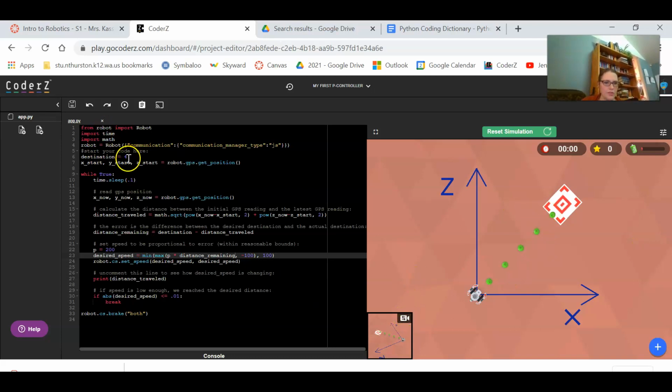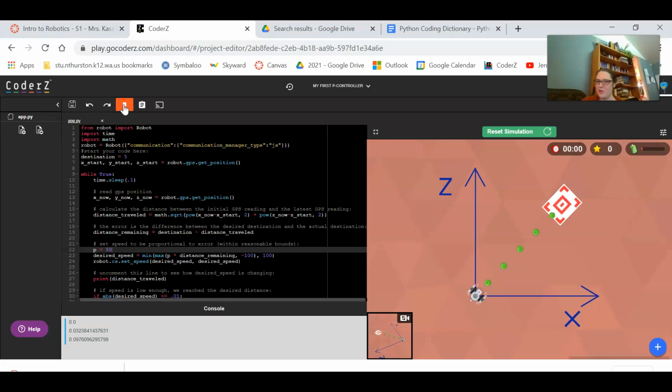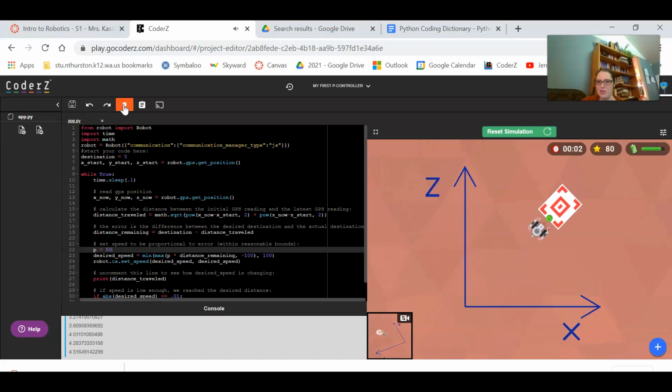All right, so desired distance is clearly not 4. So we're going to go ahead and try 5. And I don't like that bouncy bounce, so I'm going to put it on 50. This was like a trick question. Yeah, look how much better that is. And sure enough, my final position, my distance traveled, is like 5.